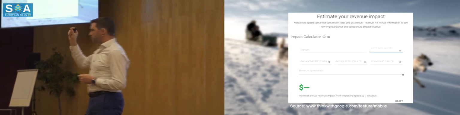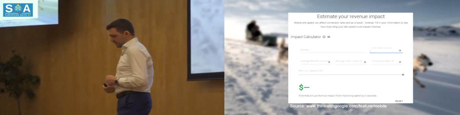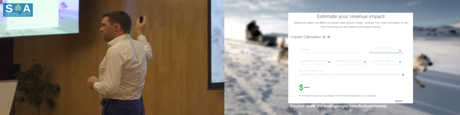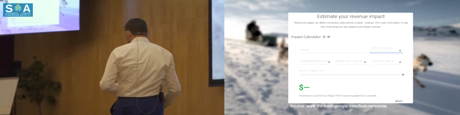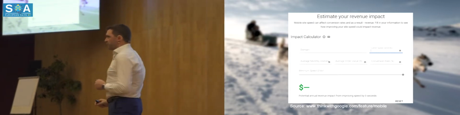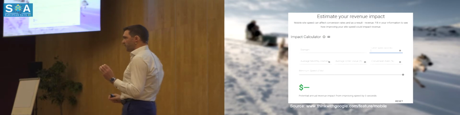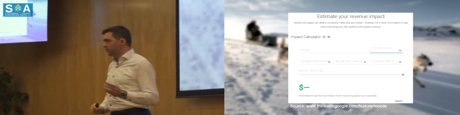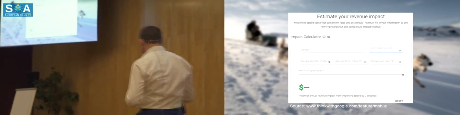How much money do I need to invest in performance testing? Amazon has done this exercise for their own online shopping, Amazon.com. And the result was that if their website is 1 second slower, it results in a drop of 2% of the overall sales revenue. So it's big.